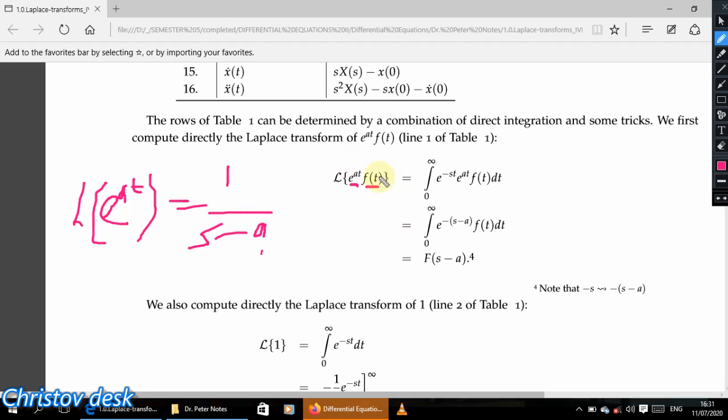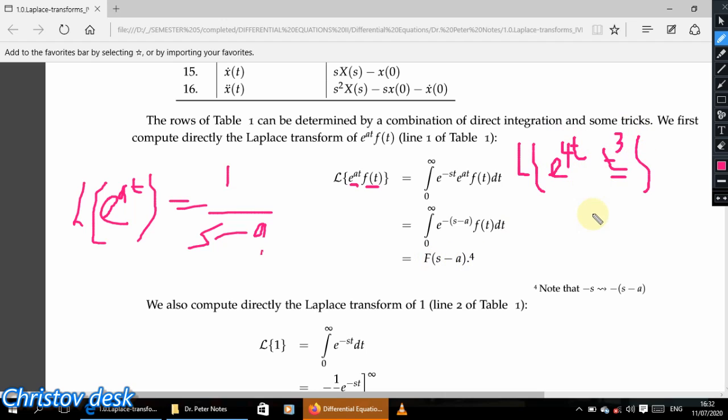For example, if I have e raised to the power 4t, which is exponential, and I multiply by a function t raised to the power 3, and I'm trying to take the Laplace of this, what's the Laplace of t cubed? And I'm going to shift that by 4. That is what has been done here.